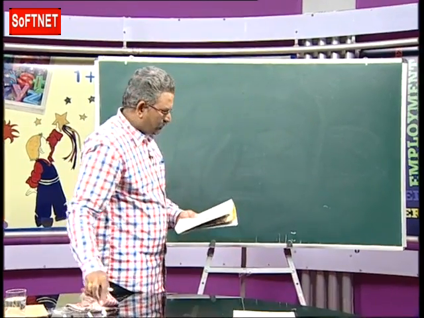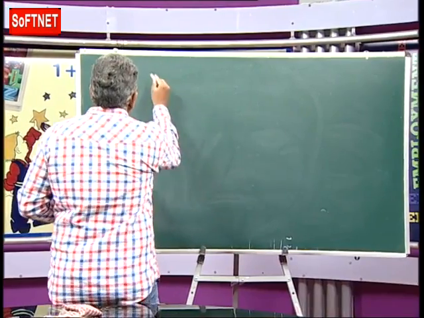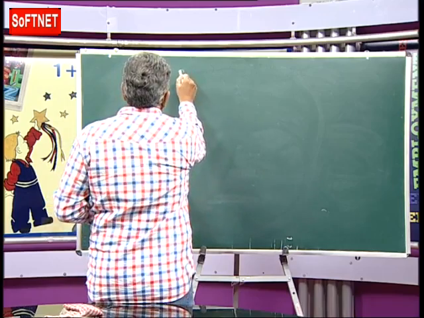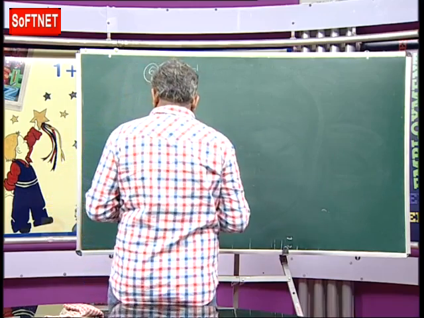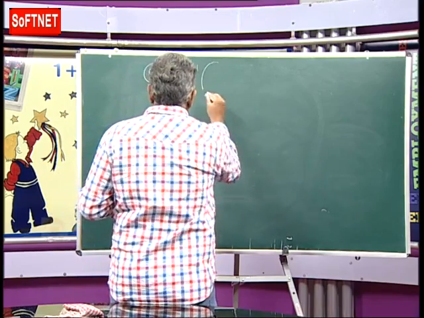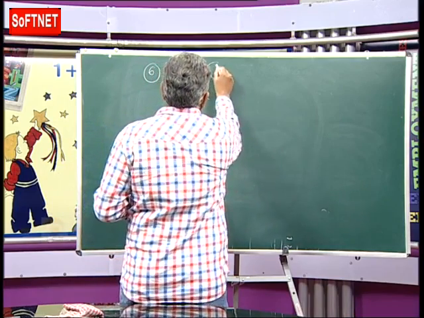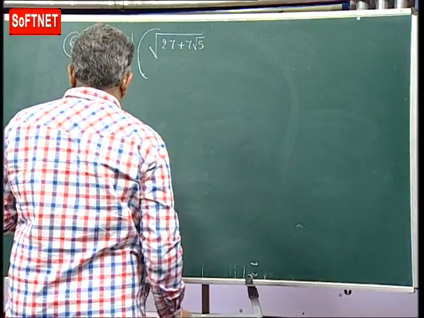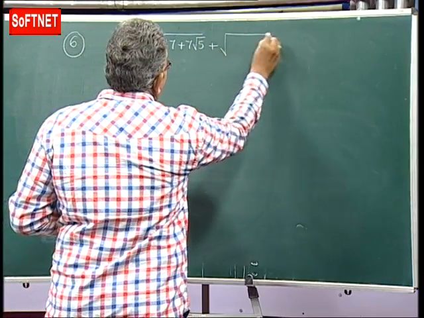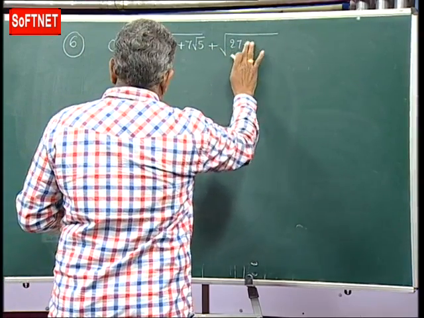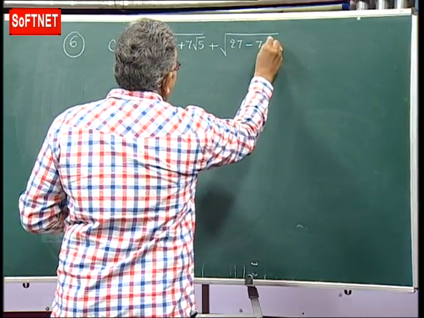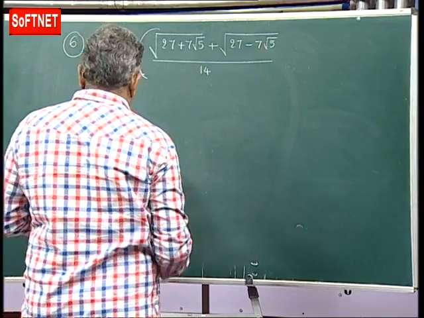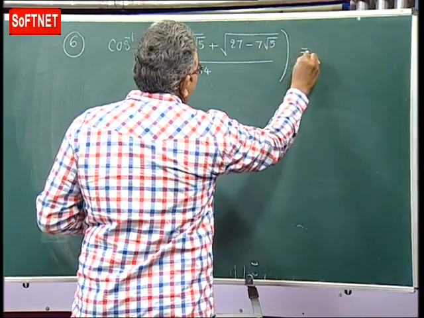Now next problem, 6th one: cos inverse of [root of 27 plus 7 root 5 plus root 27 minus 7 root 5] by 14 equals to.